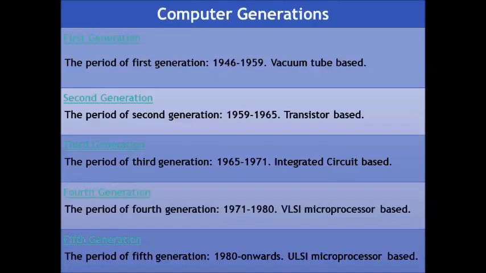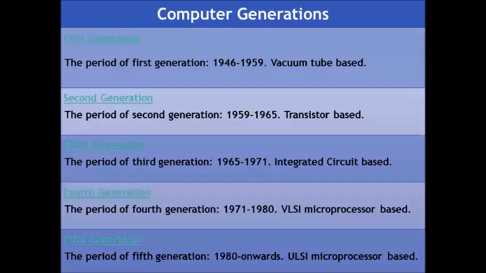The third generation computer, the time period 1965 to 1971, and the main processing component of the computer was built by using integrated circuits. The fourth generation computer, the time period 1971 to 1980, and the main processing component was made up of VLSI microprocessor chip.